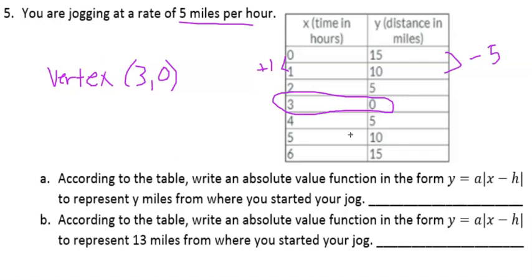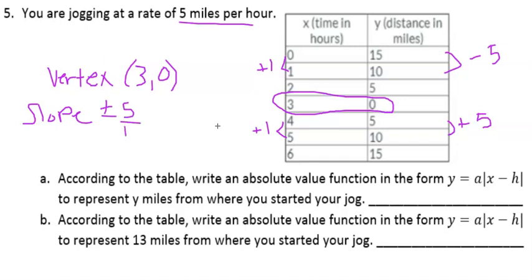After the vertex, it changes though. We still have plus 1 for the x, but now we have plus 5 for the y's. So our slope is going to be either plus or minus 5 over 1.